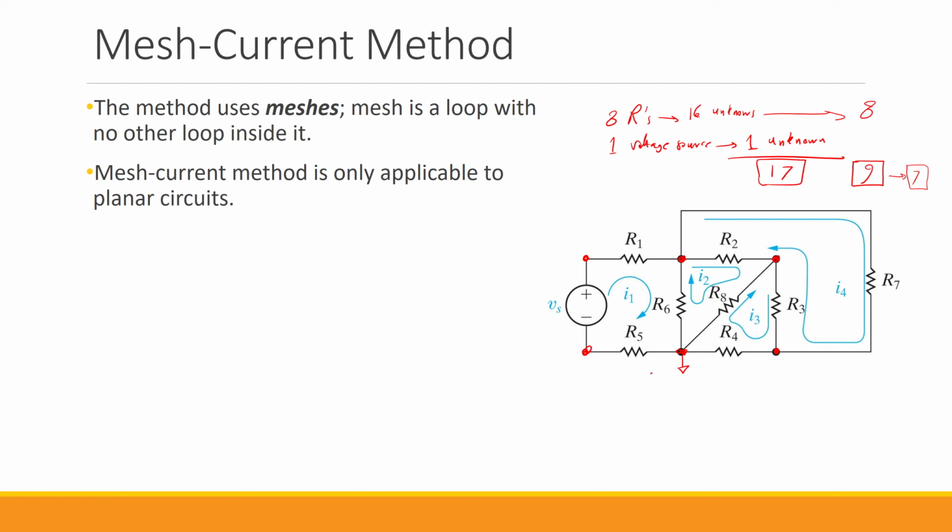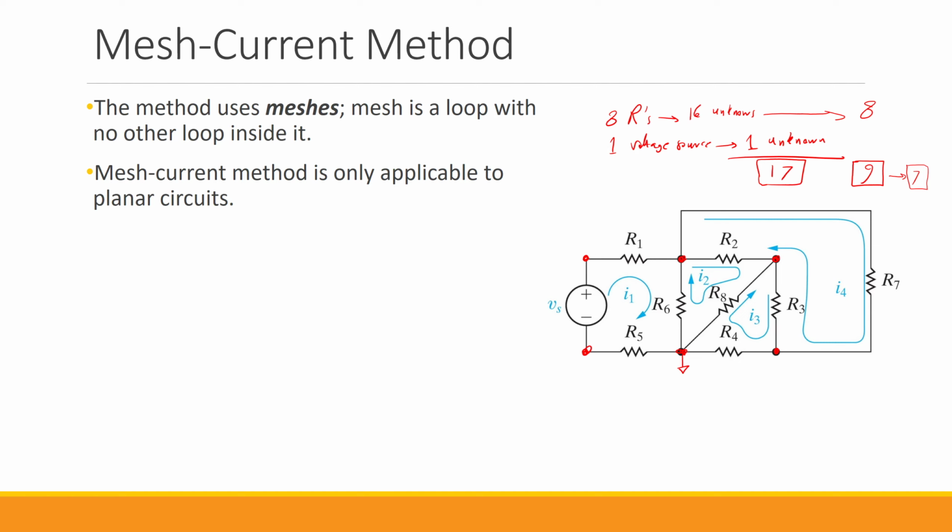And then we basically went only through the essential nodes, not necessarily all the nodes. So how many essential nodes do we have here? This one is not an essential node. This one is also not an essential node. But these 3 are essential nodes, right? So we could solve this circuit using only 3 node voltage equations.